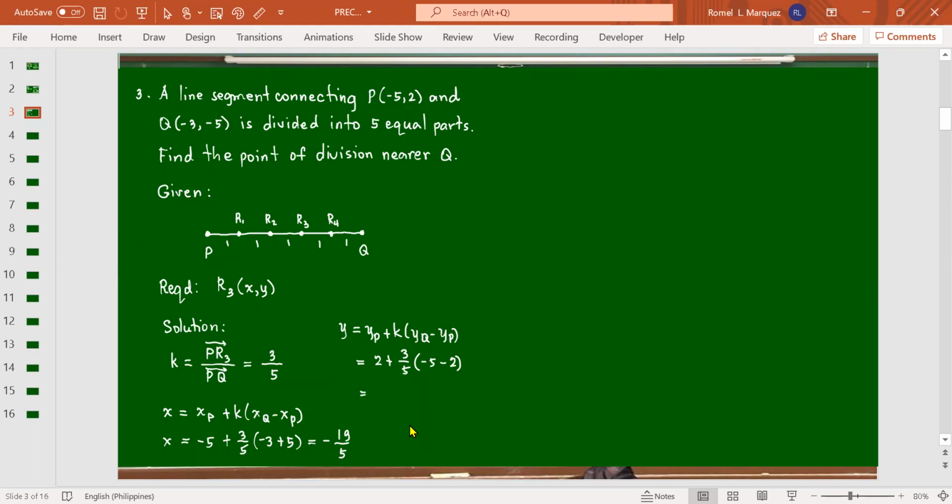So that is negative 11 over 5. Okay, children? So therefore, the coordinates of our R sub 3 are negative 19 over 5, negative 11 over 5. Any question with this, guys?